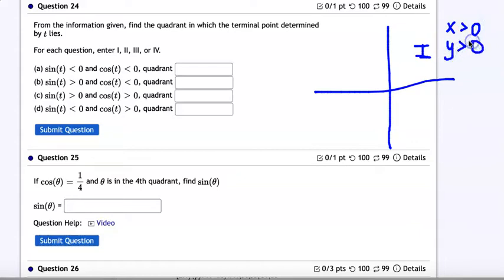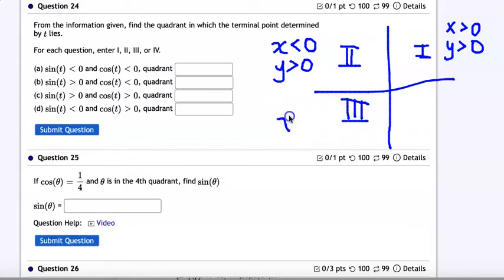Okay? Now, if you go to quadrant 2, you're moving to the left. That means your x values are negative, and that means your y values are still positive, though, because you are moving up. When you get to quadrant number 3, now both the x and the y values are negative.